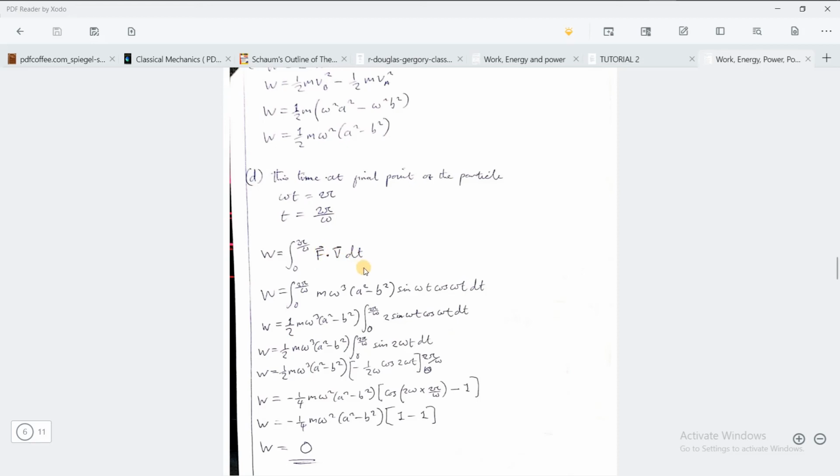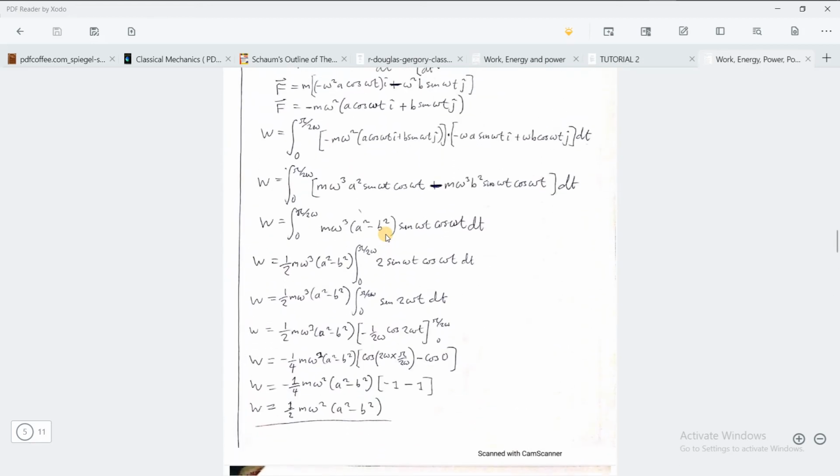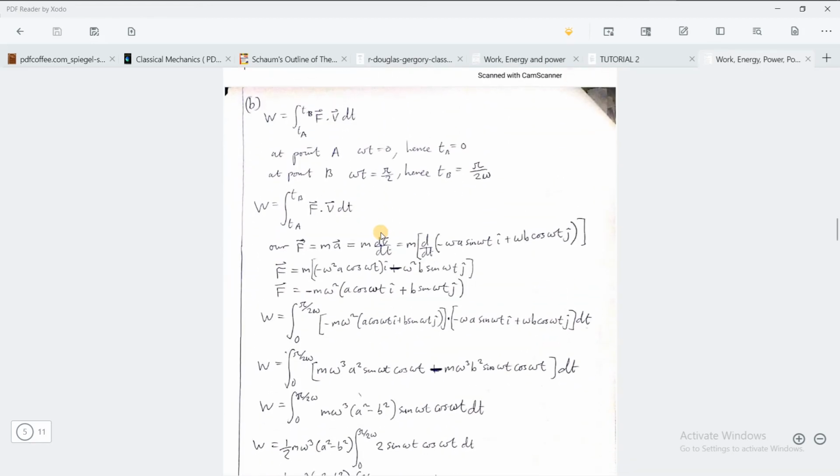So getting the dot product, we got it already in part B. The dot product was just this expression in brackets here. So we just pick up from here.